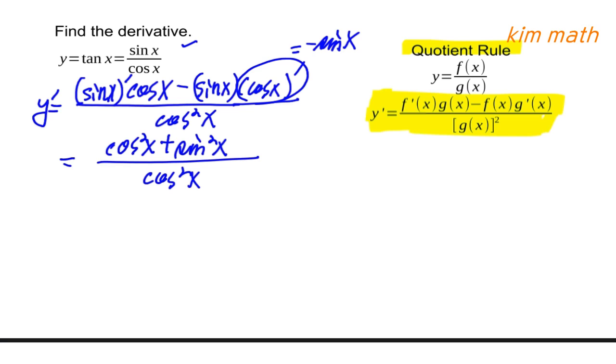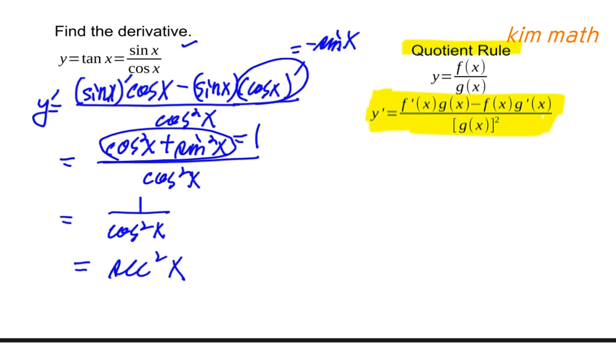And we know that cosine squared of x plus sine squared of x is 1. So this is 1 over cosine squared, so the derivative of tan x equals secant squared of x.